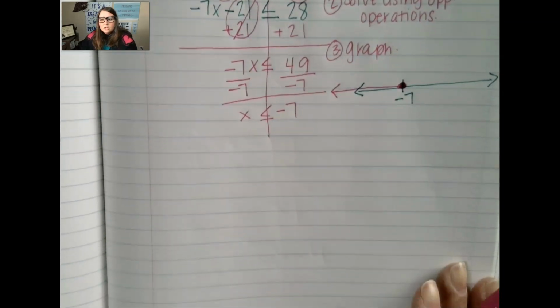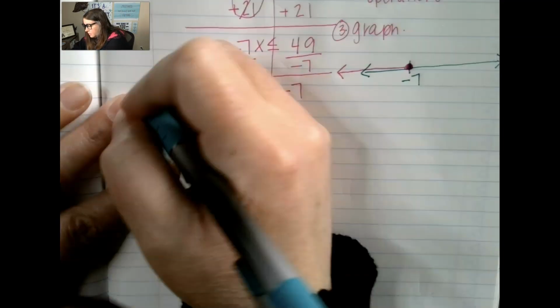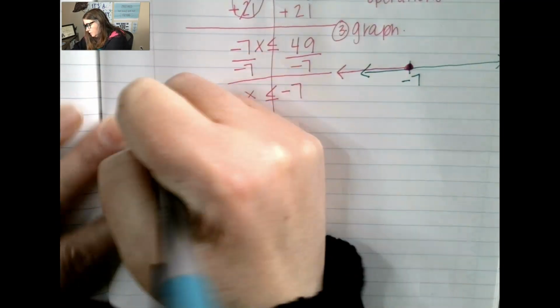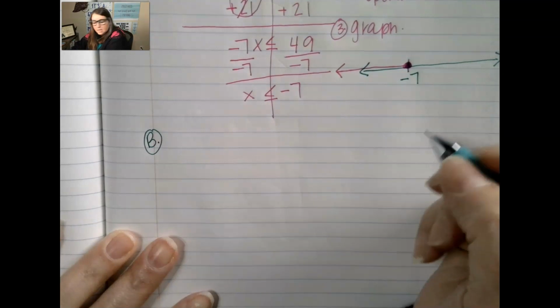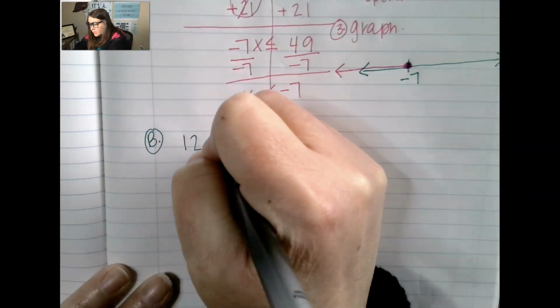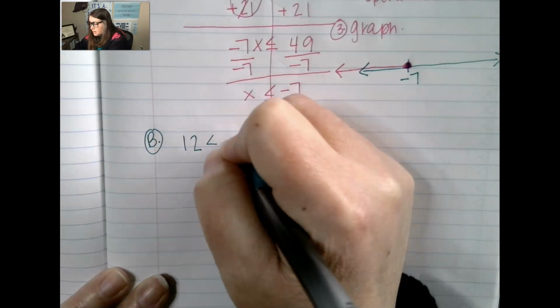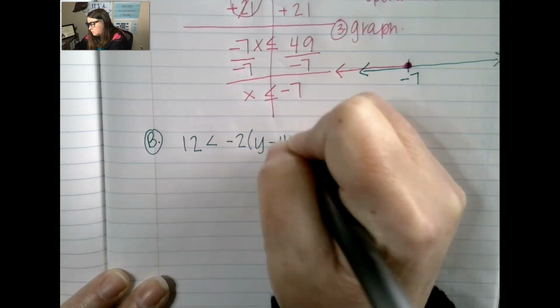Okay, let's go ahead and do a second example. Example B says that we have 12 is less than -2 times y minus 4.